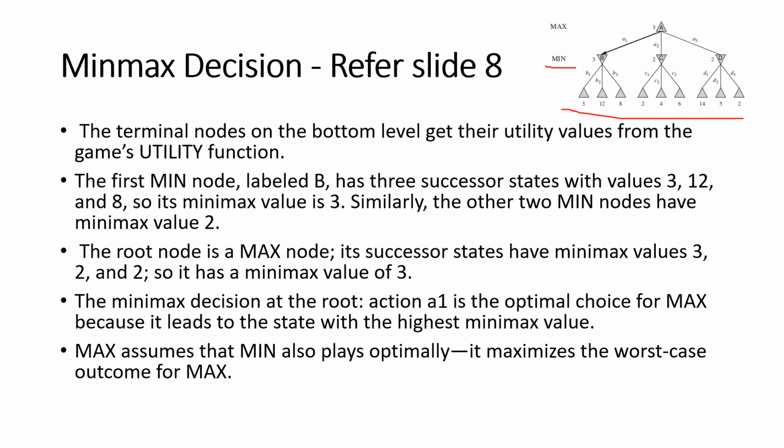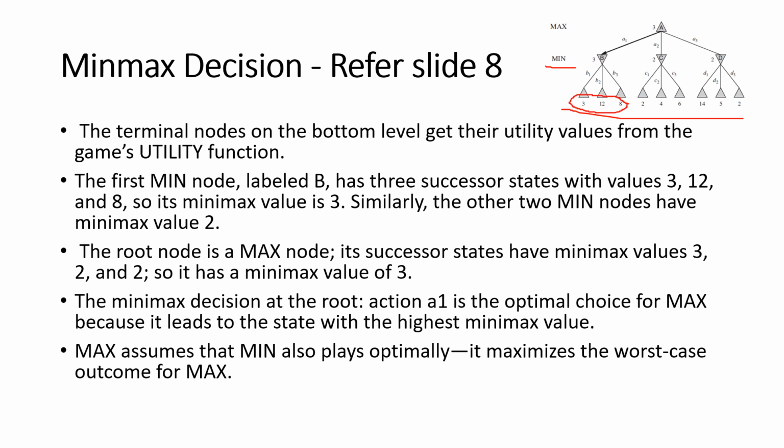Here the child nodes are 3, 12 and 8. So min will choose the move that is worst for max, because he is the opponent. Max's better value is the highest value, min's better value is the lower one. So min will choose the move that is worst for max. That means it will choose the minimum value, the minimum of 3, 12 and 8.